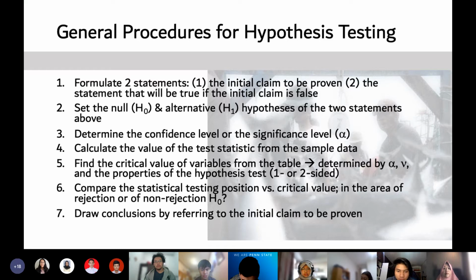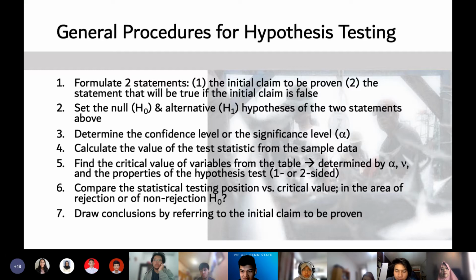After that, we have to determine the confidence level or the significance level alpha. Based on the data, we need to calculate the value of the test statistic. Then, we find the critical value from the table. We need data such as alpha, degrees of freedom, and the properties of the hypothesis testing, whether it's one-sided or two-sided.